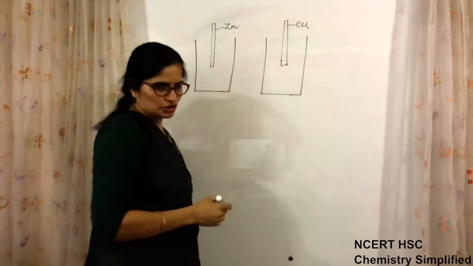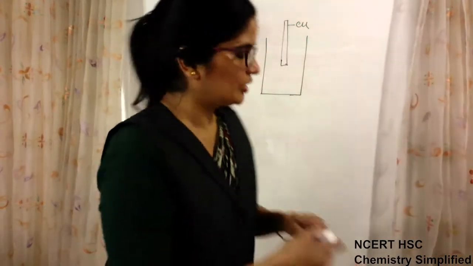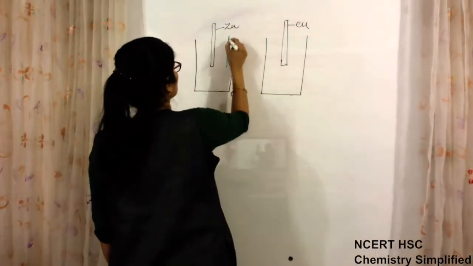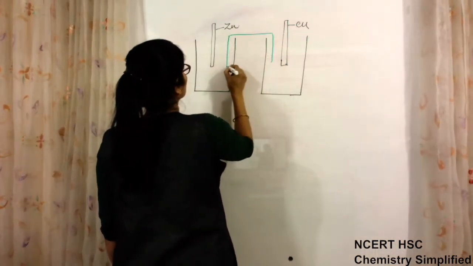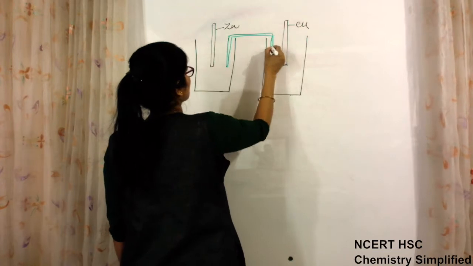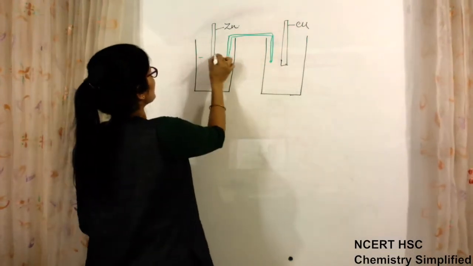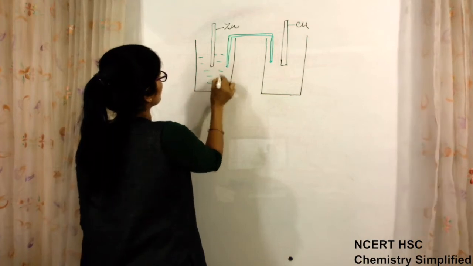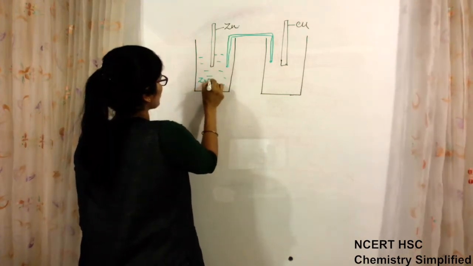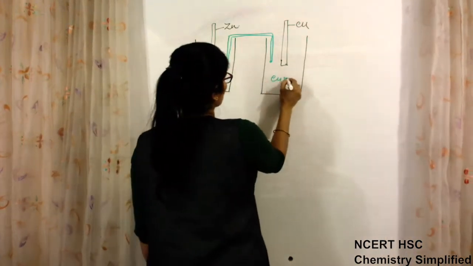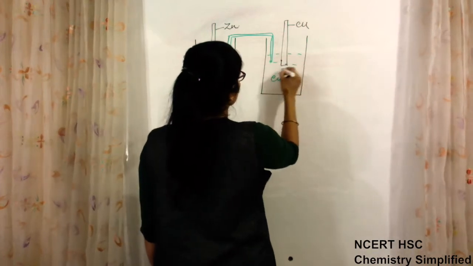They are connected to each other through a salt bridge. Then these containers are filled with the same solution of the electrodes, ZnSO4 and CuSO4 solution.